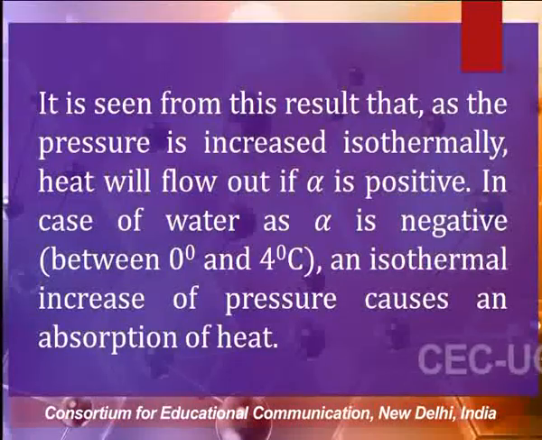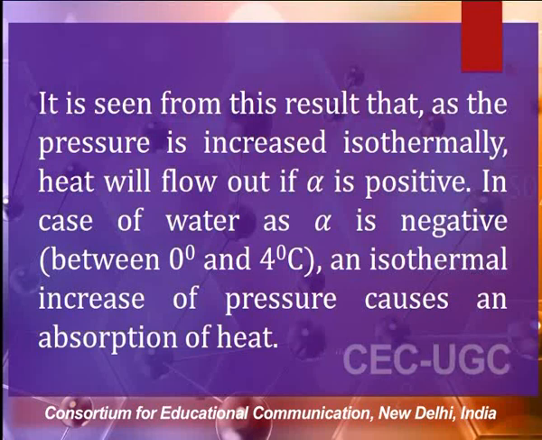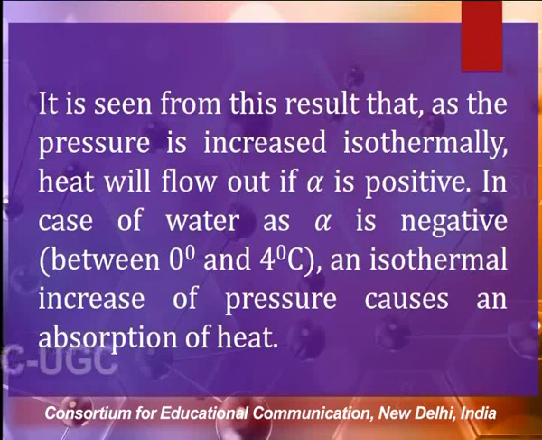It is seen from this result that as the pressure is increased isothermally, heat will flow out if alpha is positive. In case of water, as alpha is negative between 0 and 4 degrees, an isothermal increase of pressure causes an absorption of heat. This is a very important result which is seen experimentally also.